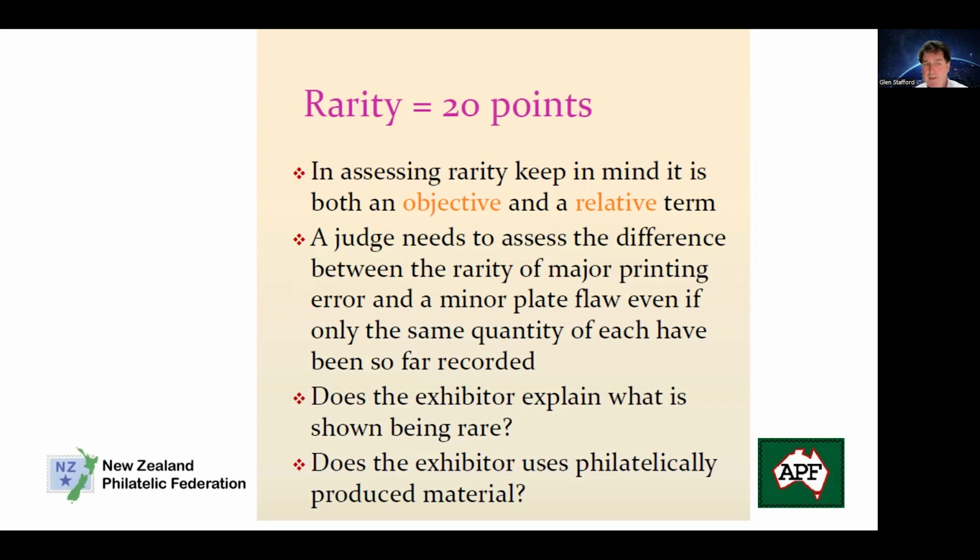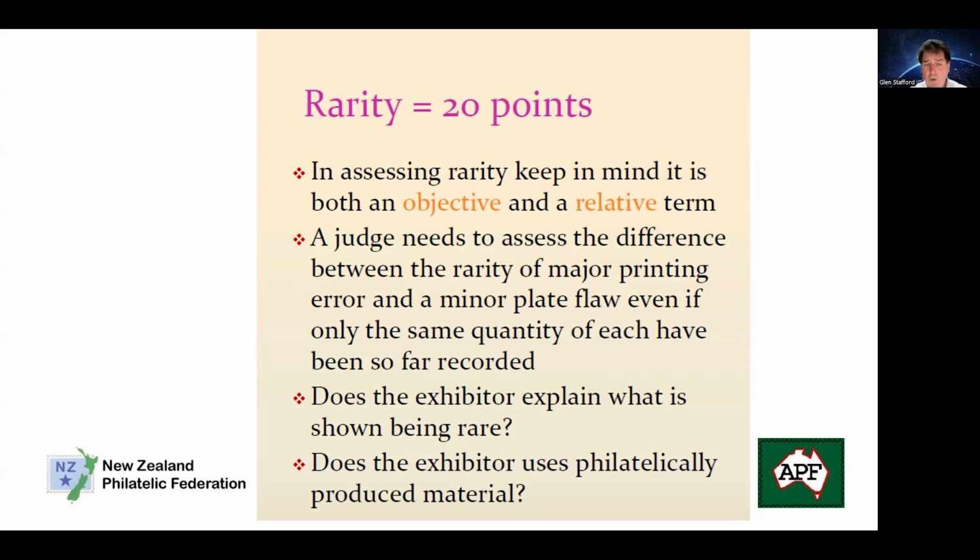Judges need to accept the difference between rarity of major printings and errors and minor plate flaws. Because people can say these are extremely rare because this is the only plate flaw that I've seen. Does that make it rare, or does that mean that the researcher hasn't done enough research? So the same quantity of each that's been recorded so far would give a different indication on rarity.